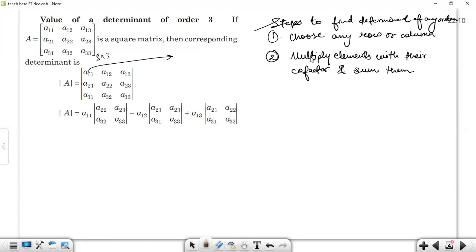So let's try to apply these steps on the 3 by 3 determinant. This is the determinant. Now let's choose any row or any column. We have chosen the first row conveniently. So we'll multiply the first element, a11, into the cofactor of a11. Now, if you remember, how can we find the cofactor?